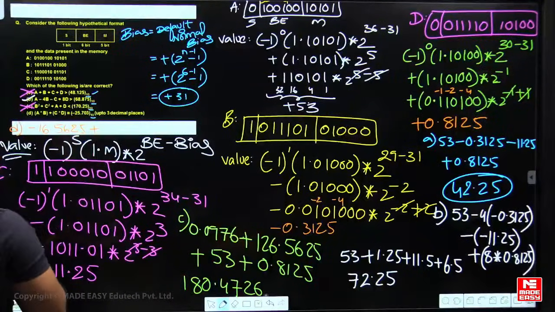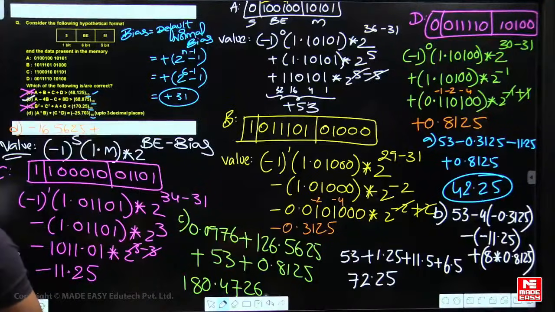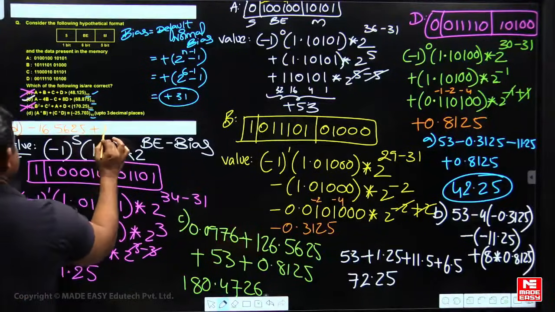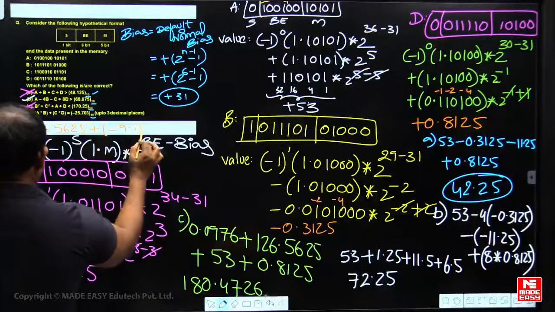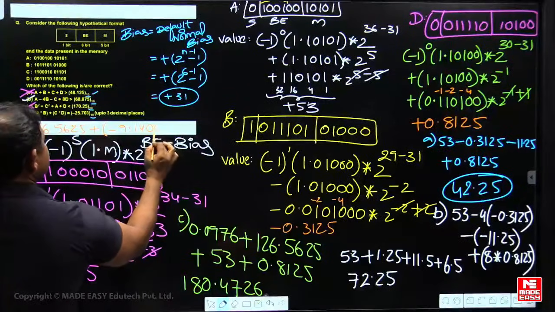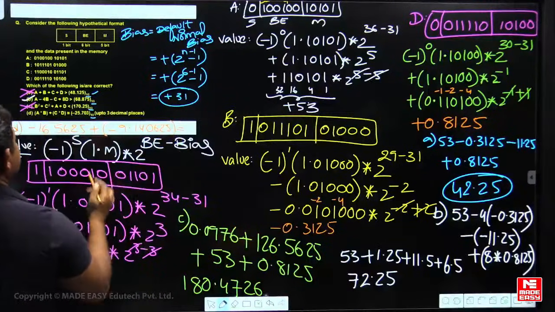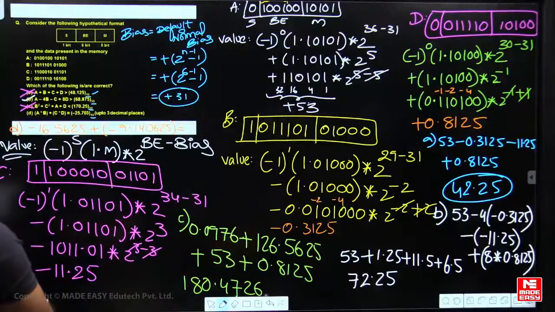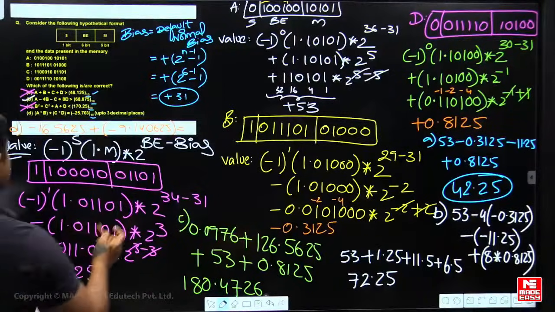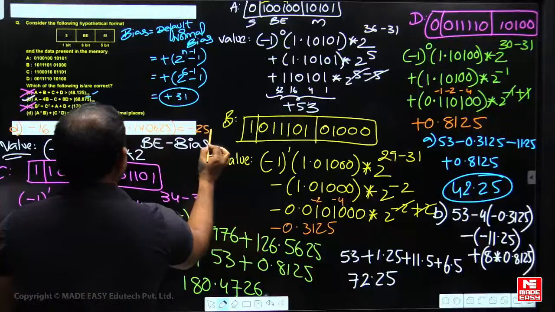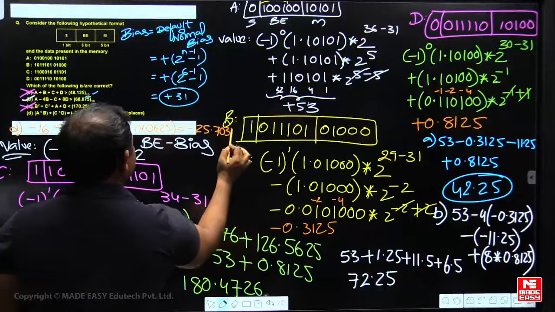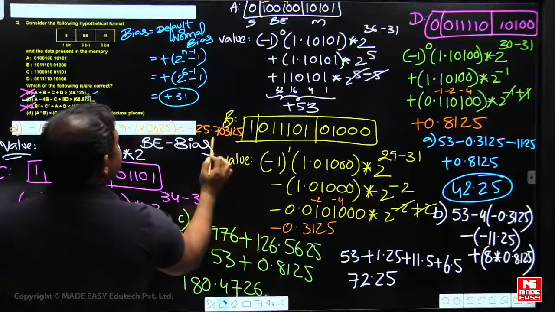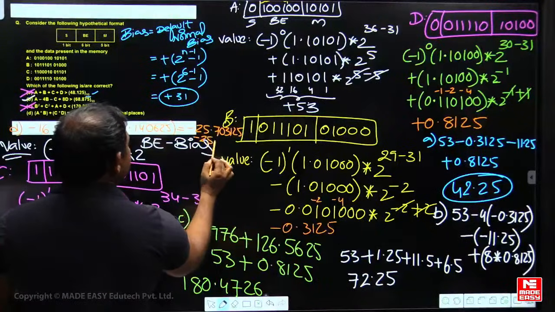Then 11.25 into 0.8125 is minus 9.140. The result is minus 25.703125, so with 3 decimal places, minus 25.703.